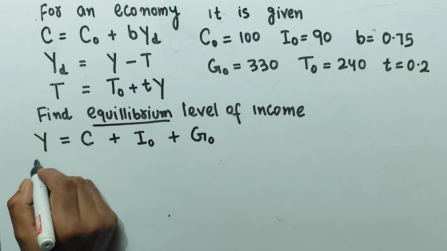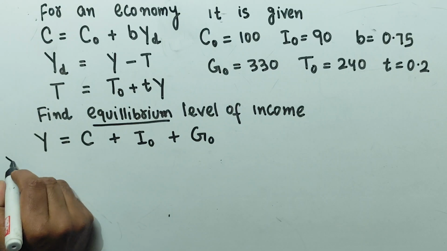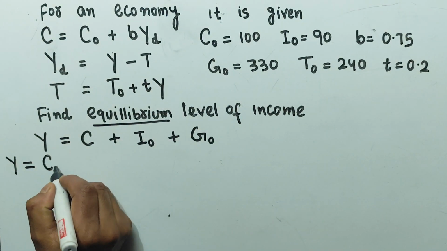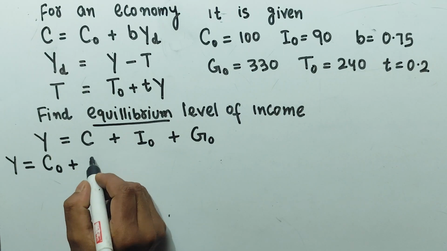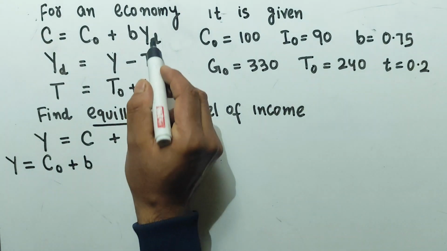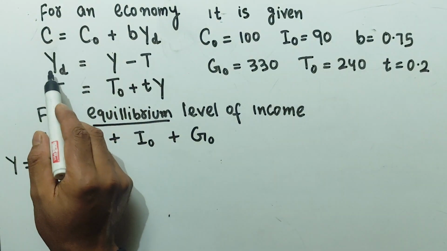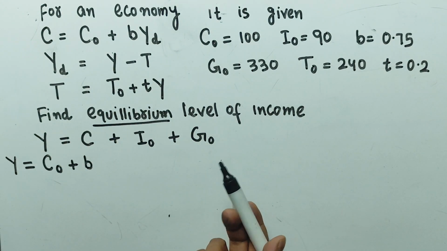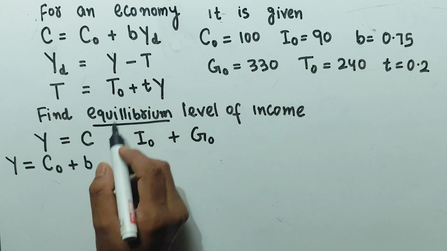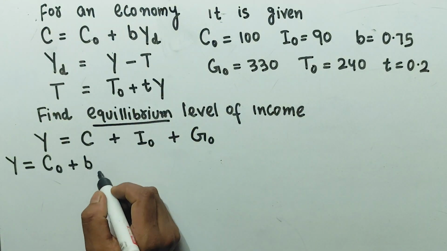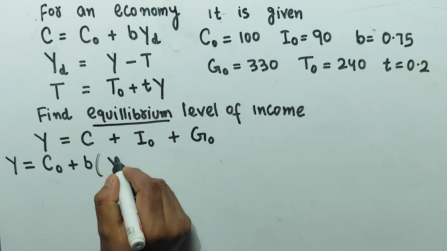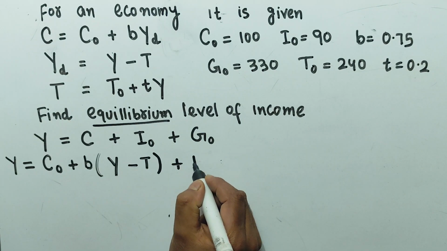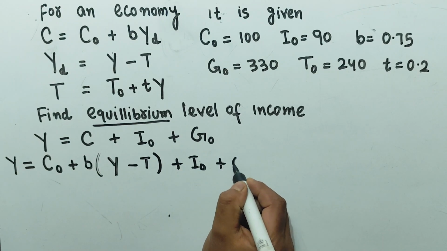So y will be equal to the consumption function, C naught plus b times Yd. Yd is disposable income, the level of income that is left after paying the taxes. So in place of Yd, I will write y minus T, then we have I naught plus G naught.